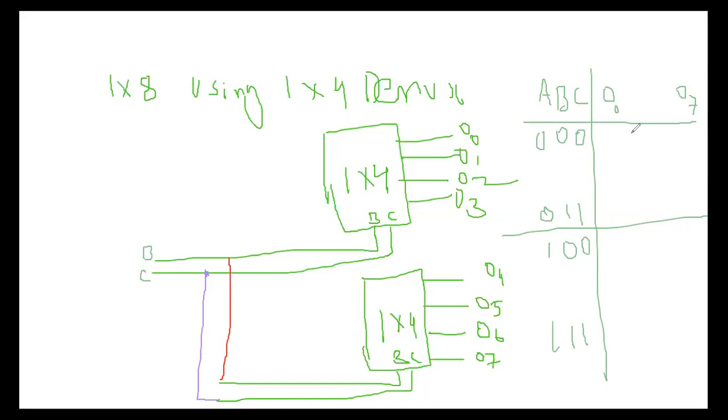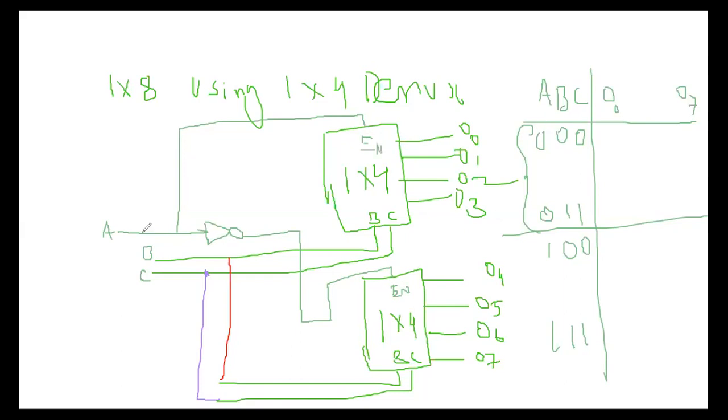So in this case, I'm taking A here. Using one inverter here, I'm connecting it as one enable input, and A is connected here as another enable input.